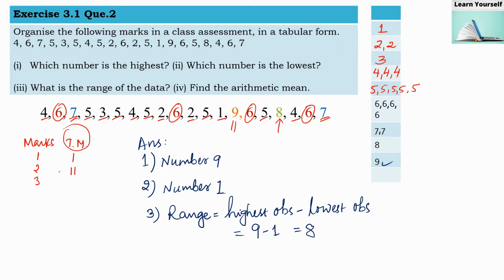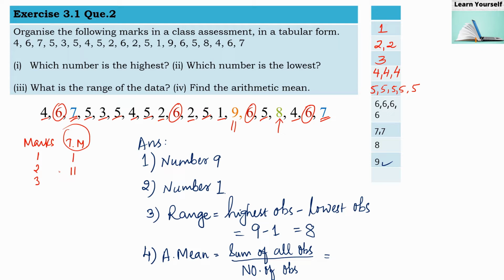Find the arithmetic mean. Now what is the meaning of arithmetic mean? We are going to find it like this. We are going to add all these numbers. You have this many numbers and you have to add them.